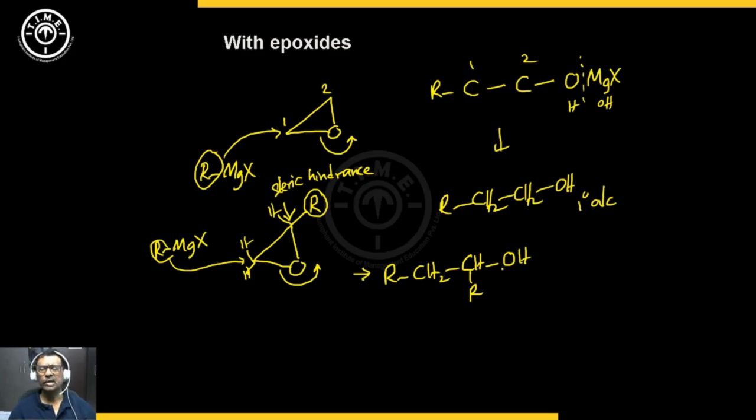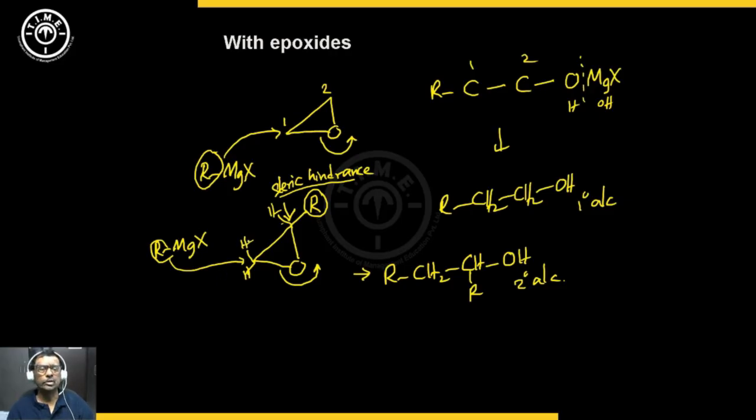So here what do we find? We find that this OH is there on a carbon which is already having a carbon. So you get a 2-degree alcohol here. So wherever the steric hindrance is there, the R is not going to go. So the nucleophile has to go and attack. So it should find a clear path. The path needs to be clear there.